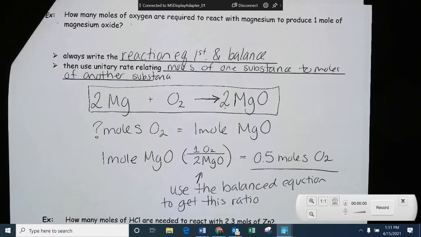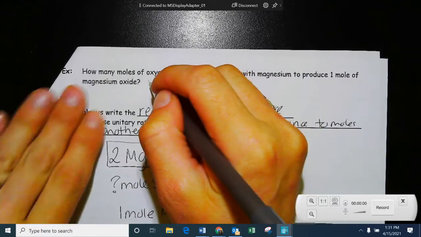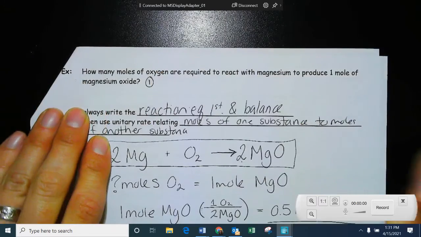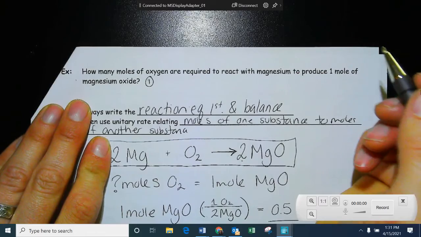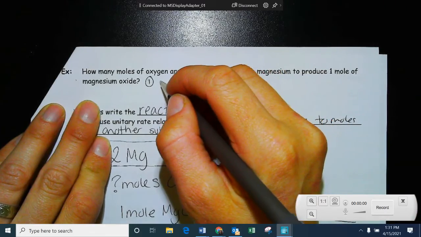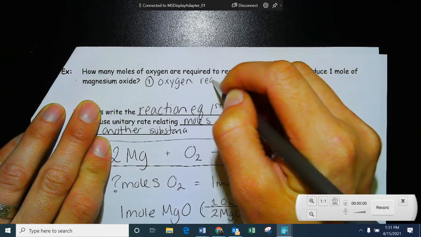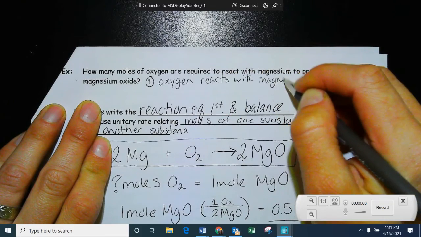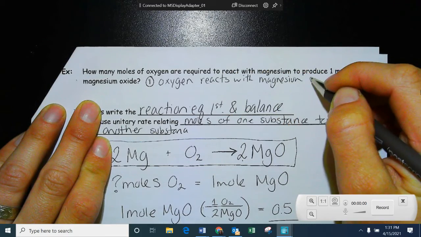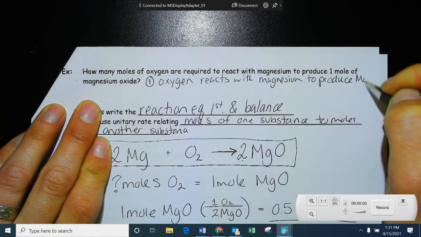A little bit? Okay. Kind of think of this like a 2-part thing. The first part of the question is just writing a balanced equation. So the first part of this is oxygen reacts with magnesium to produce magnesium oxide.